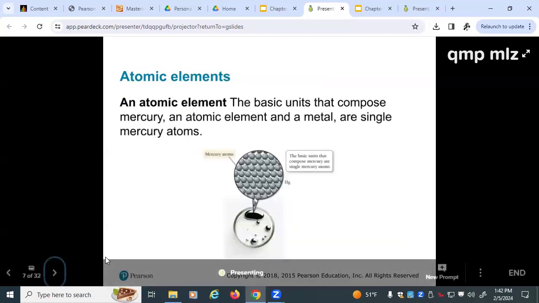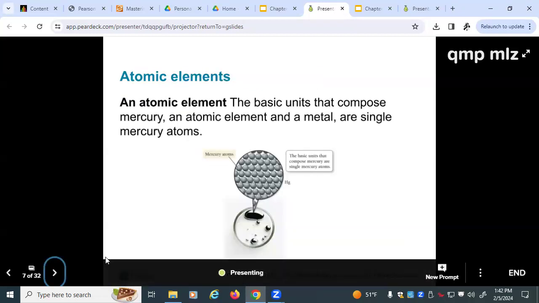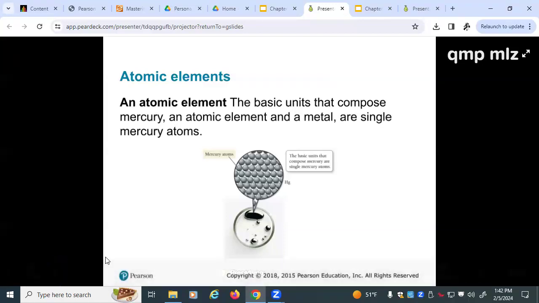Where do these exist? Again, for atomic elements, this is most of them. If they are in the liquid or gas state, they look like this at the atomic level, where you've got a whole bunch of them near each other, but they're not bonded to each other in any kind of chemical way. They're physically close, but they're not chemically bound.